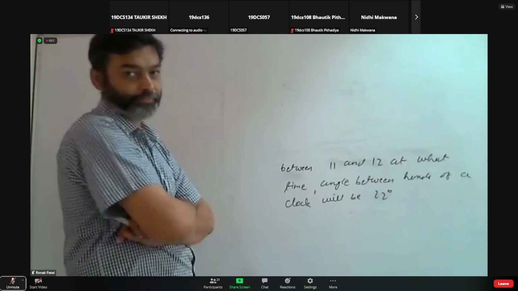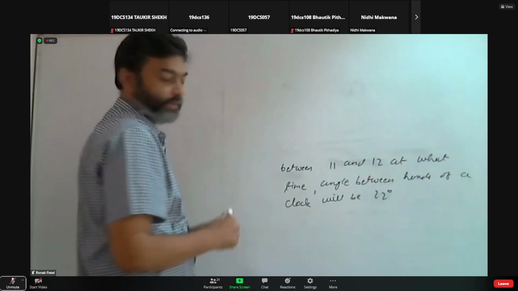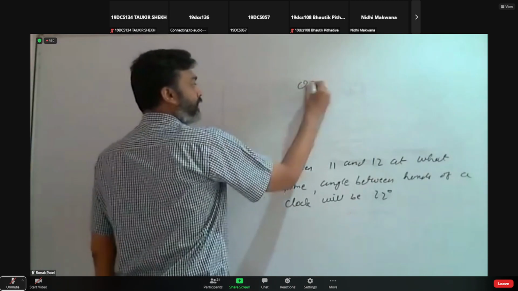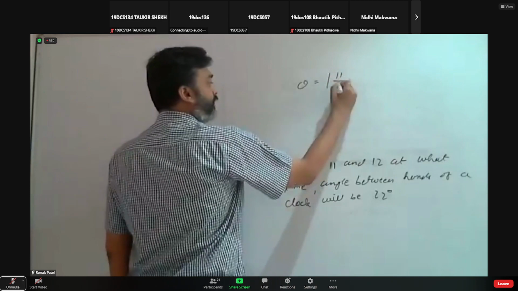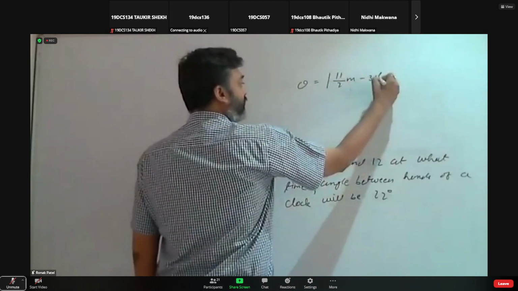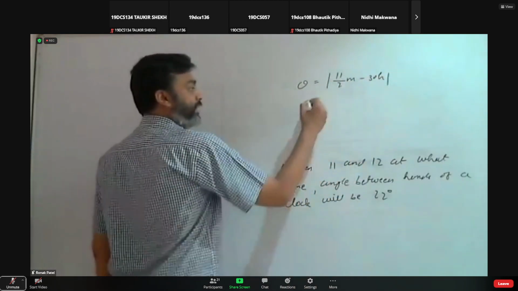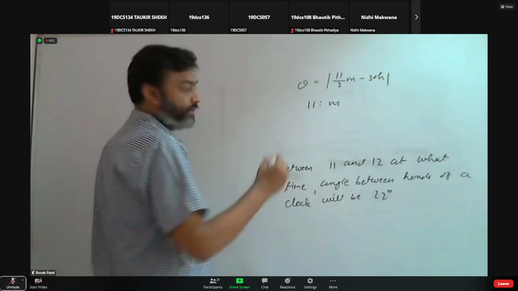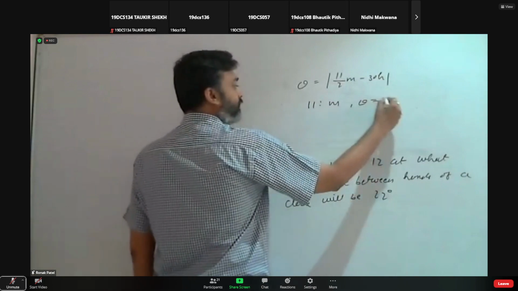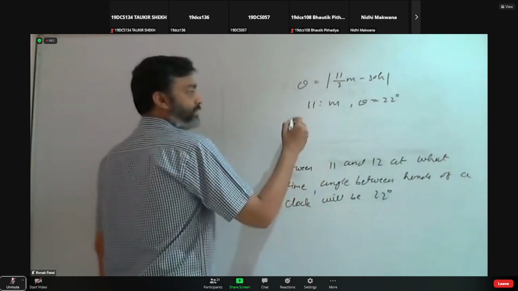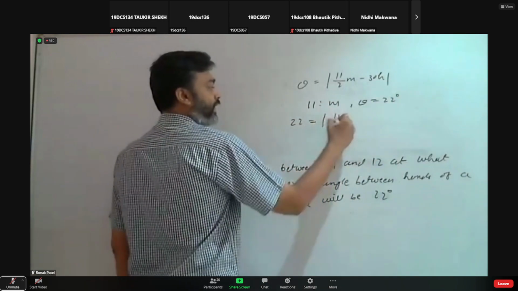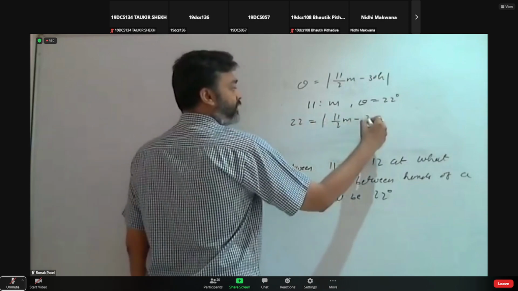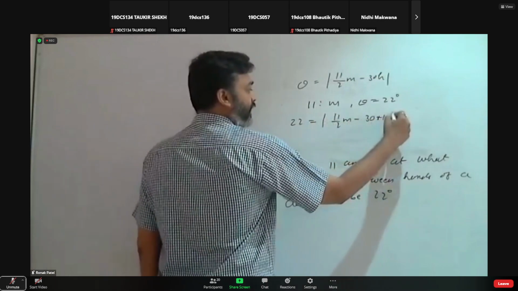So once again we use the same equation: theta is equal to 11 by 2 m minus 30h. We are given between 11 and 12, meaning 11 hours and some m minutes, and you are given theta equal to 22 degrees. So I start with 22 equal to 11 by 2 m minus 30 into 11.